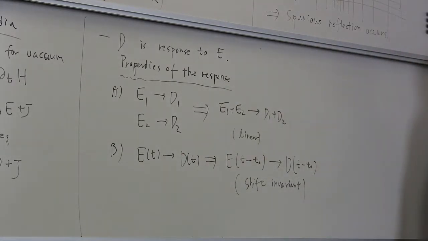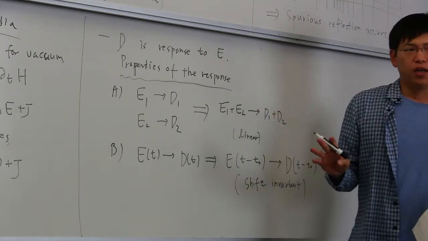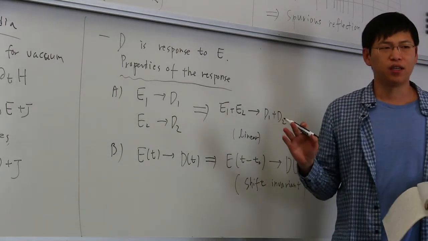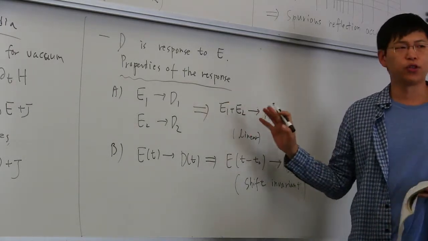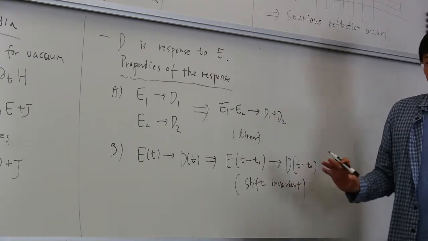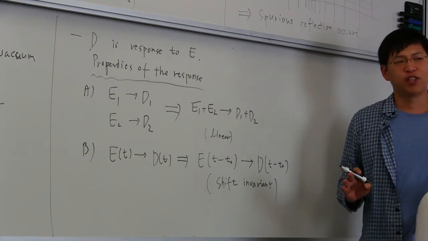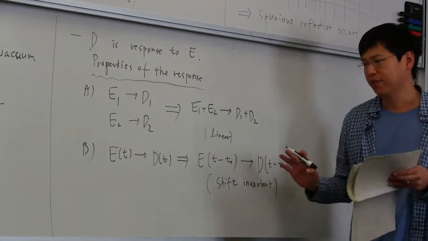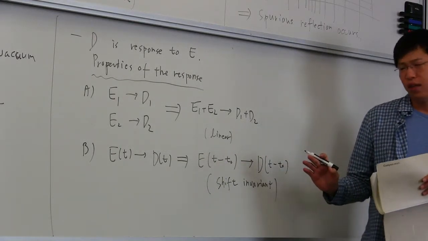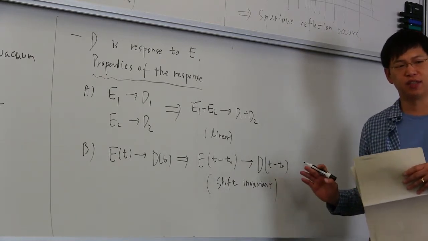Right? So if the medium is linear, then if you know the results for the separate E fields, then you know the results for the sum of the E fields. And because the system is shift invariant, if you delay the E field input signal, then you also get the delayed output signal.